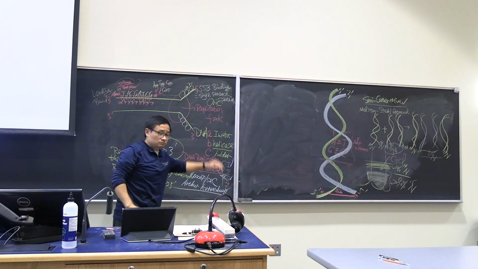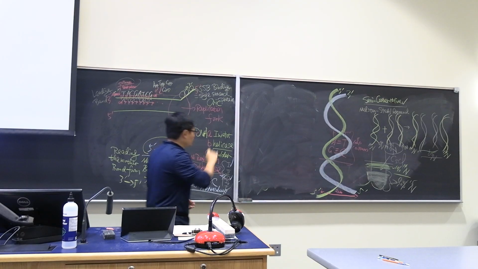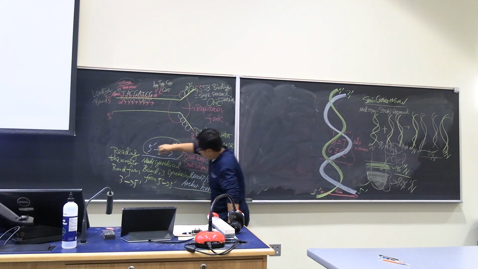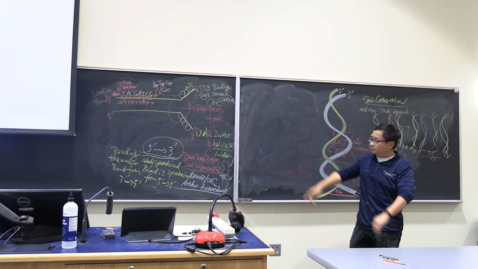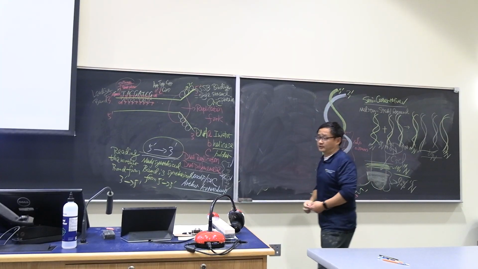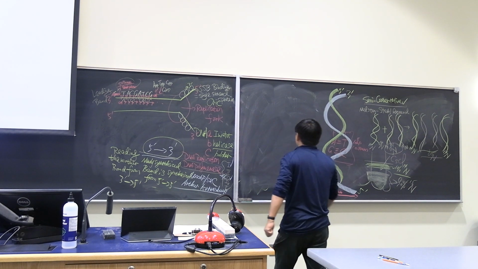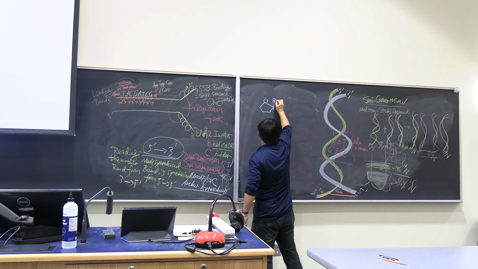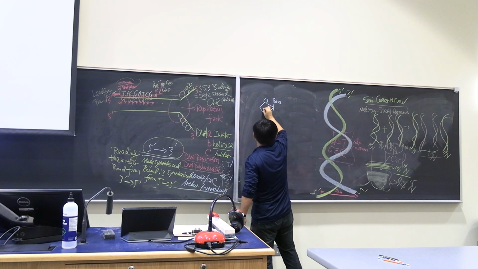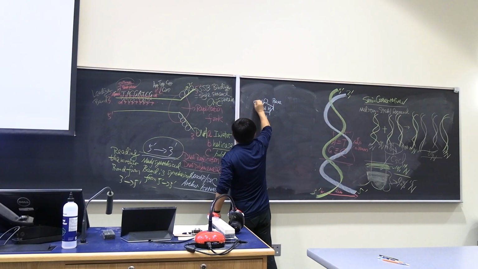How about here? We get a problem. So I'll show you what the problem is. Remember, the replication is always 5' to 3'. What this means, that is why I always say we have to know the chemical structure. Okay, we have this. This is the base. This is H. This is H. This is OH. This is H. This is CH2. This is O, phosphate.